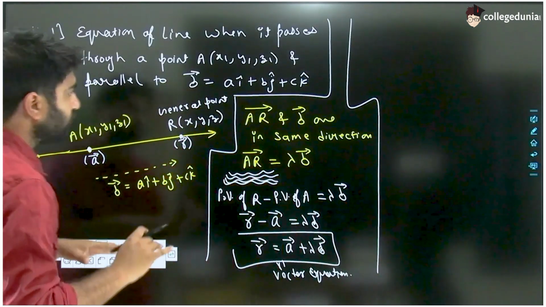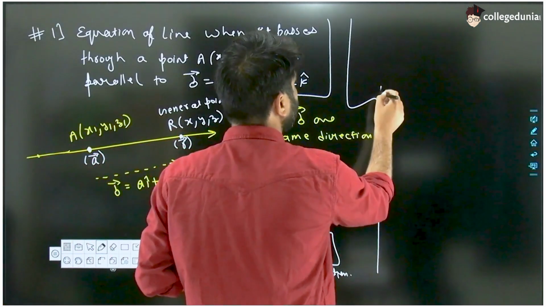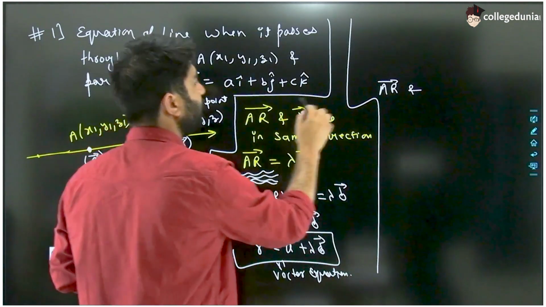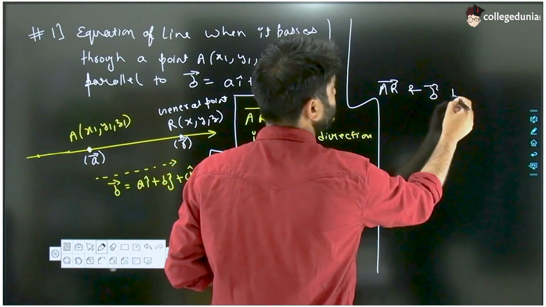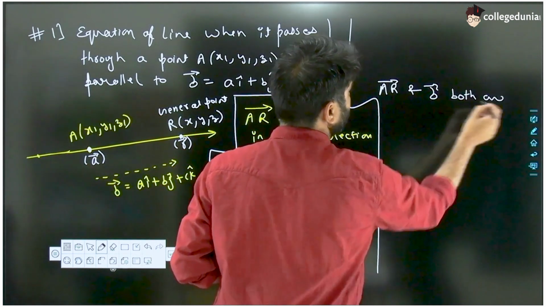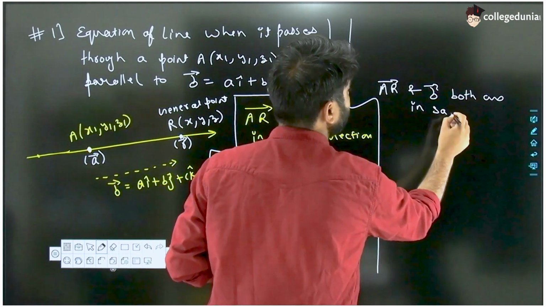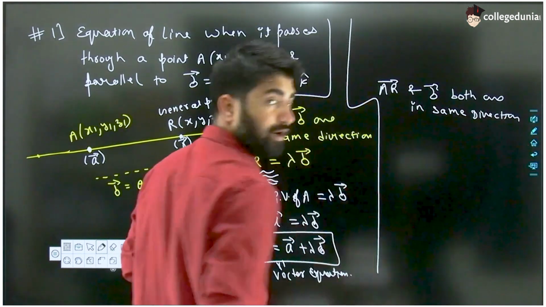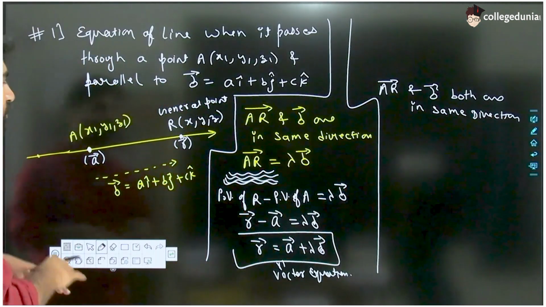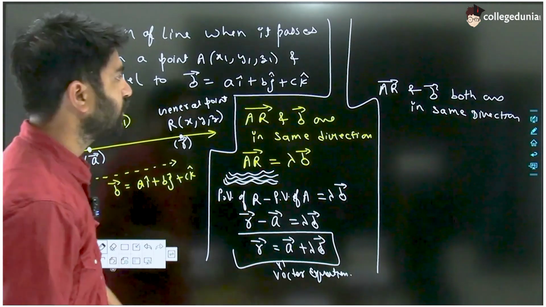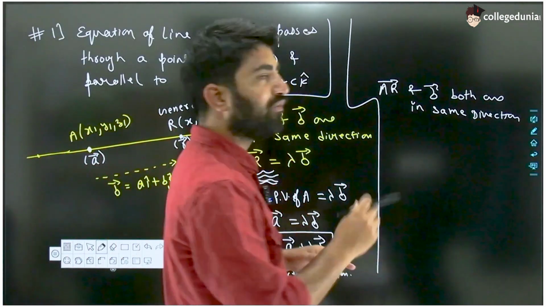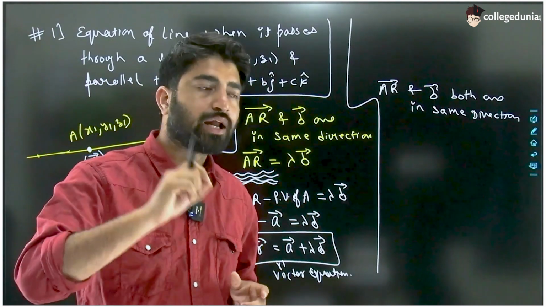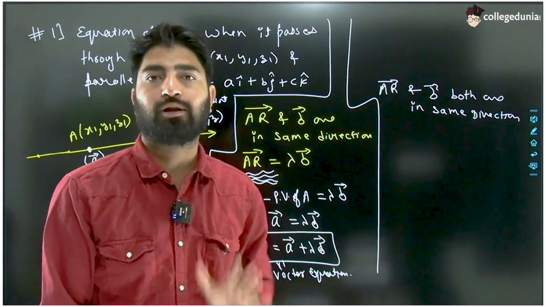So guys, in this situation, as we all know that the AR vector and B vector both are in the same direction. We can say both the vectors are parallel to each other. Both the vectors are collinear to each other, and we know that whenever two vectors, A vector and B vector, are collinear, then their direction ratios will be proportional, right?